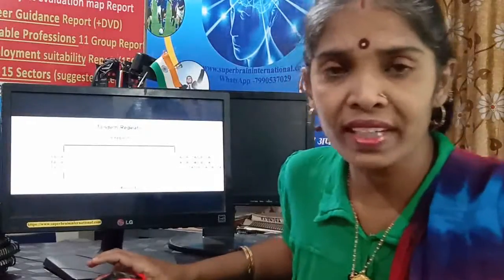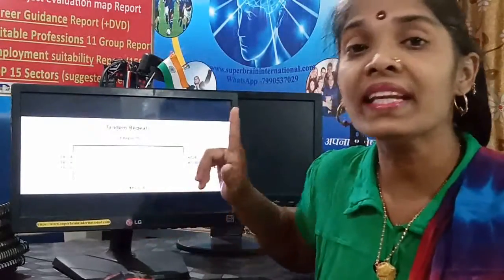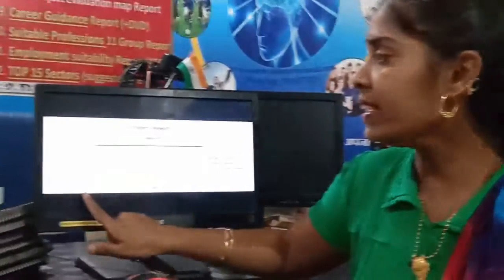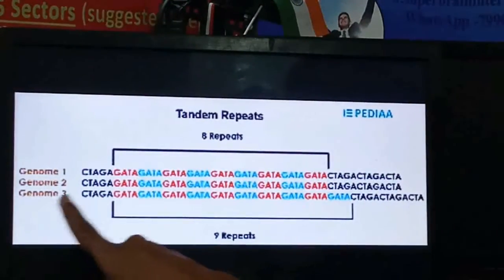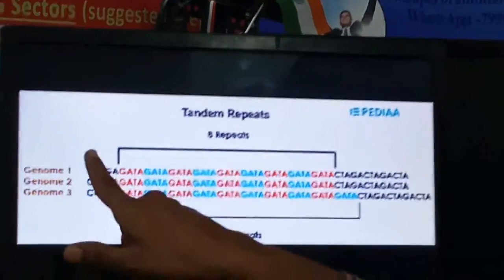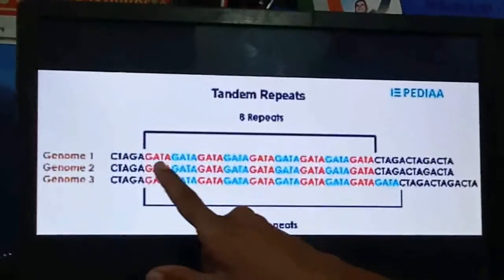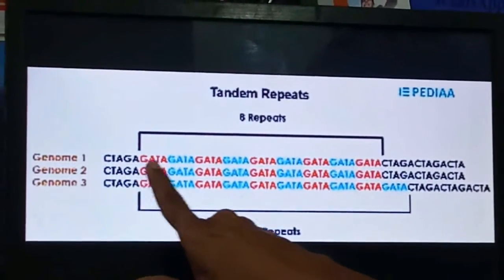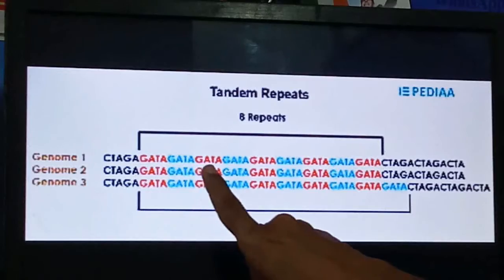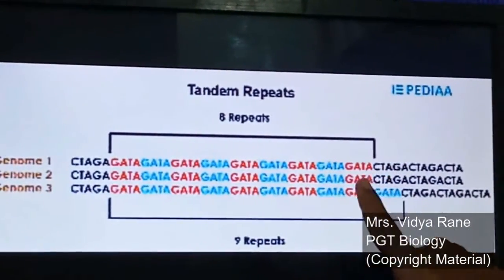Now, I just said that in the 1% DNA the fragments are repeated many times, right? You can take an example of genome 1, genome 2 and genome 3. These are three different genomes, and here the sequence is GATA, and the same sequence is repeated again and again continuously.